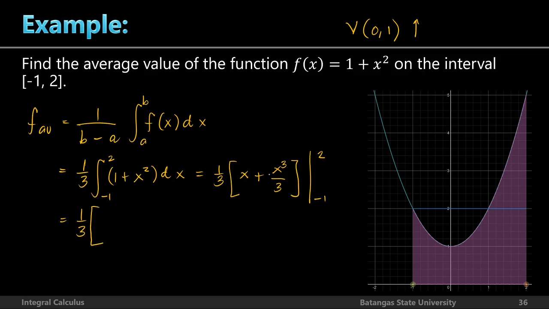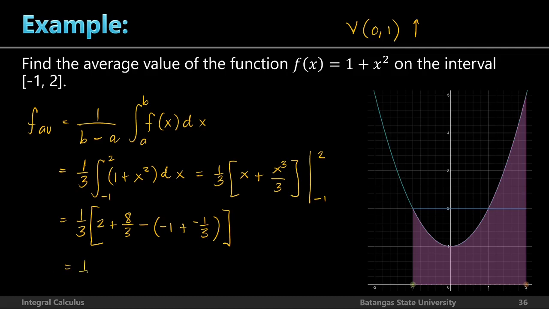So, we replace x's here with the upper limit 2. So, I will get 2 plus 2 cubed, which is 8, so that's 8/3. Minus the lower limit, which is negative 1 plus negative 1 cubed over 3, which is negative 1/3. Napabilis tayo doon. Okay, now let's simplify.